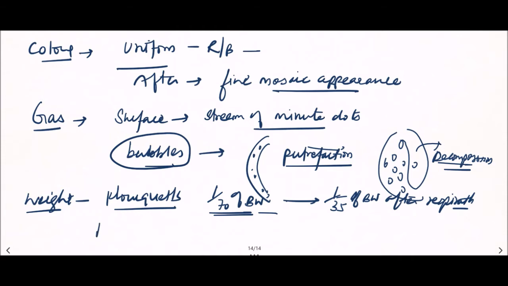Now the second test for the weight of lung is Fodry's test. This test says that the average weight of lungs before respiration varies from 30 to 40 grams, and after respiration, it is 60 to 65 grams.